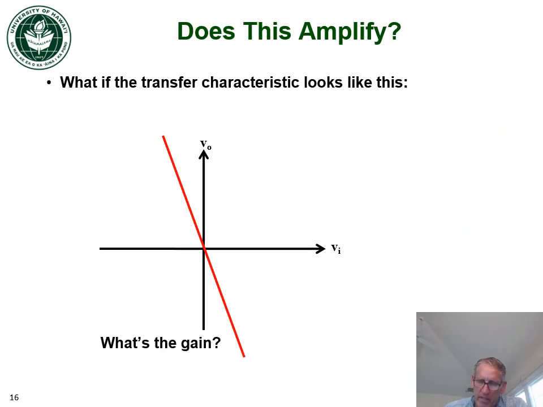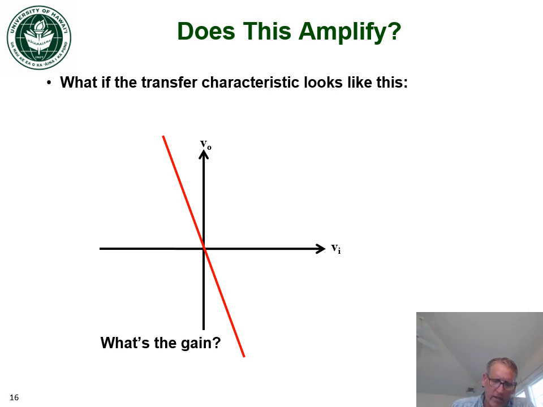Okay, and the last concept I want to go over in this lecture is another voltage transfer characteristic. And this time, the voltage transfer characteristic looks a little bit different. And the question is, does an amplifier that have this voltage transfer characteristic actually amplify? Does it have gain?